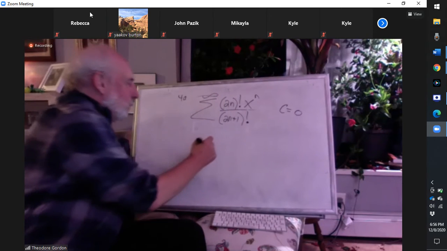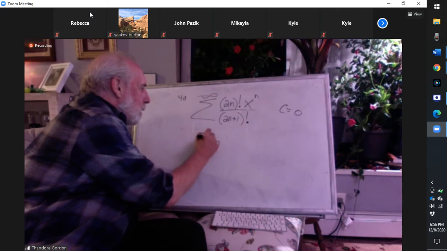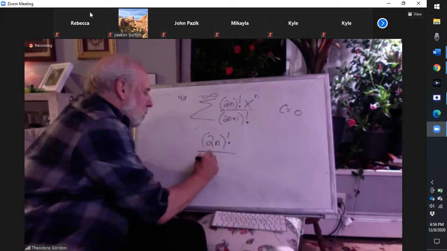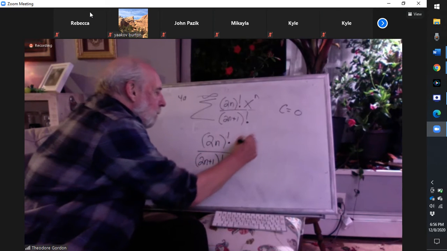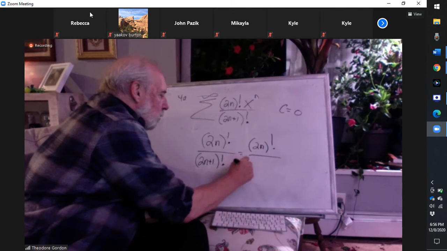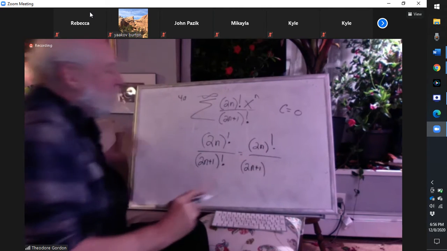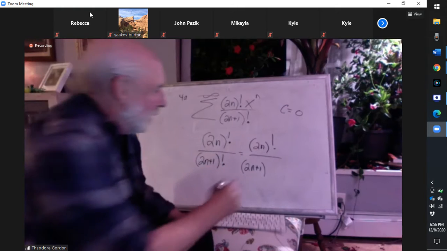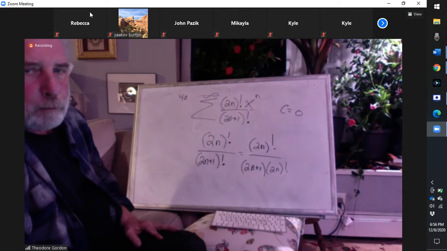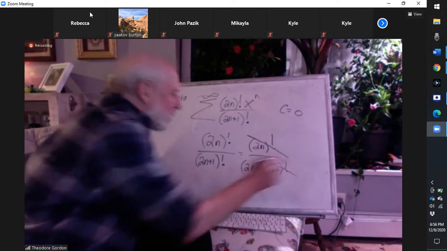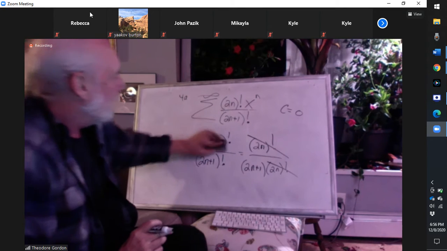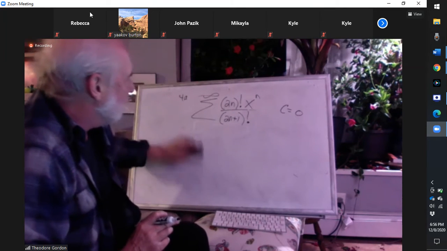So 2n factorial over 2n plus 1 factorial reduces right away to 2n plus 1. Now, if we subtract 1, the next number would be this, so we would have 2n factorial right there. So these cancel out right away. So I can rewrite the series as this.